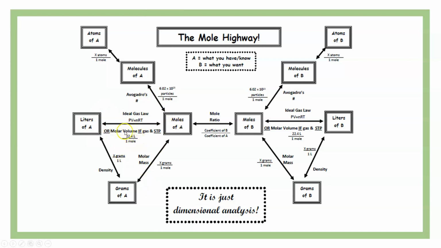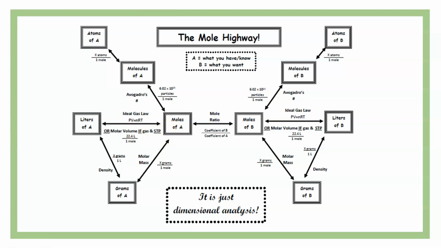Molar volume, if you're at a certain temperature and pressure, called STP, standard temperature and pressure, you can use 22.4 liters per 1 mole as a conversion factor. It's a weird fact that every single gas takes up 22.4 liters when you have a mole of it at this special standard temp and pressure.